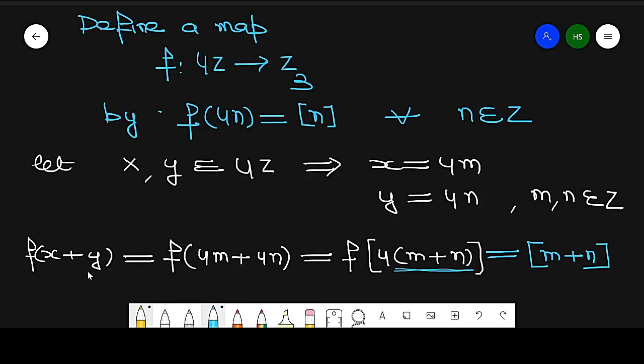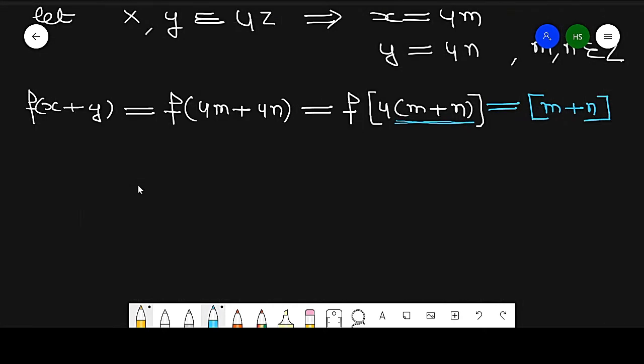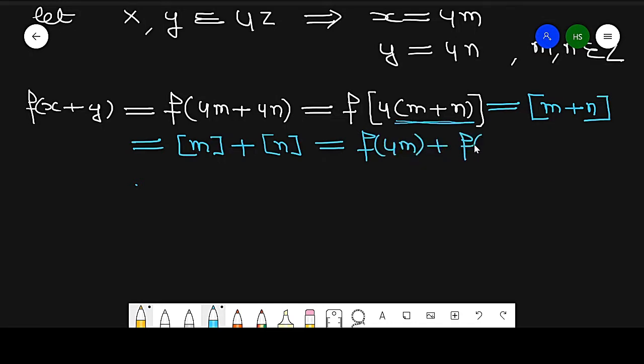Now this residue class of m plus n can be separated into the residue class of m plus the residue class of n. So what is this? It is f of 4m plus f of 4n. So this is f of x plus f of y. So it means f is a homomorphism. So that is my first part.